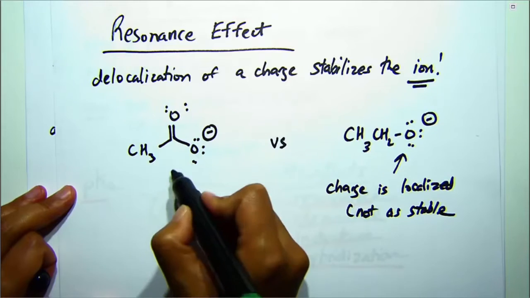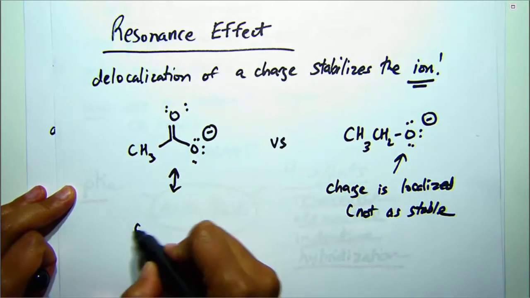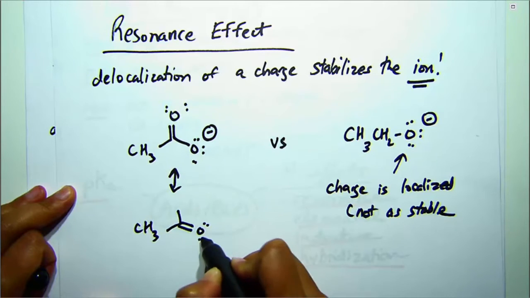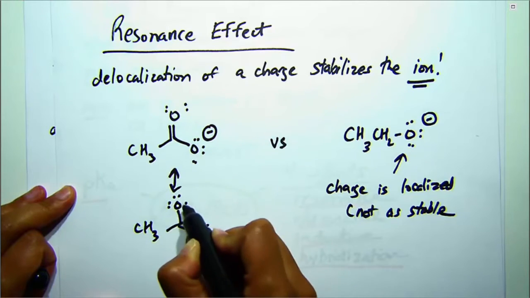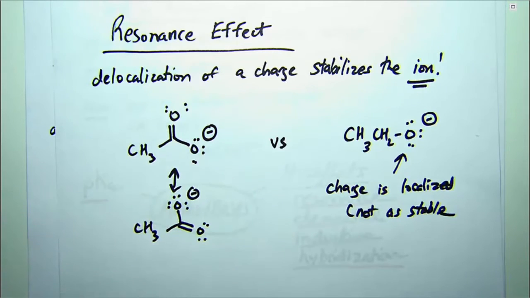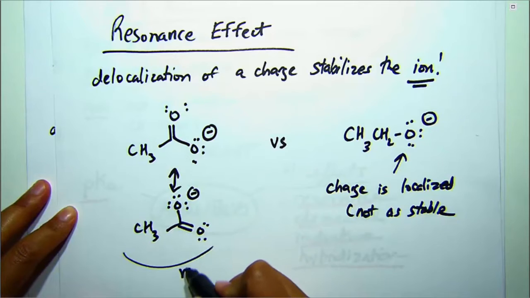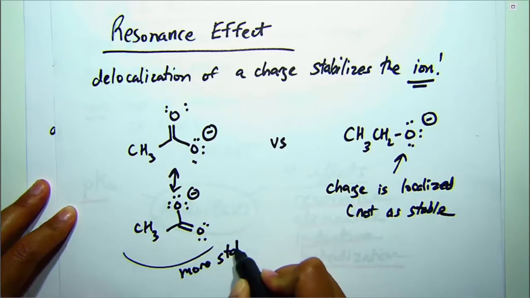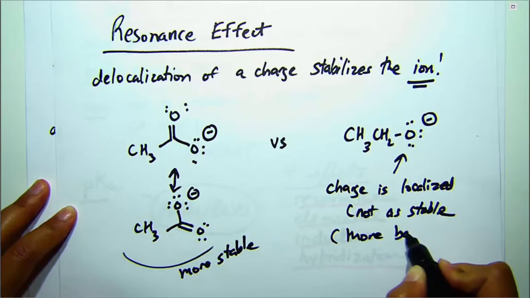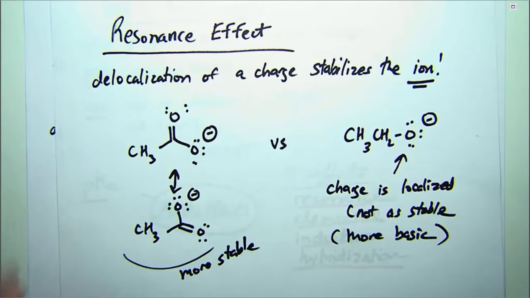Whereas in this one, the charge is going to be spread out between both oxygen atoms. And so it's a much more stable anion. Right, and so here you can predict that this is more stable. This one is more basic or reactive. So that's a reminder of the resonance effect.